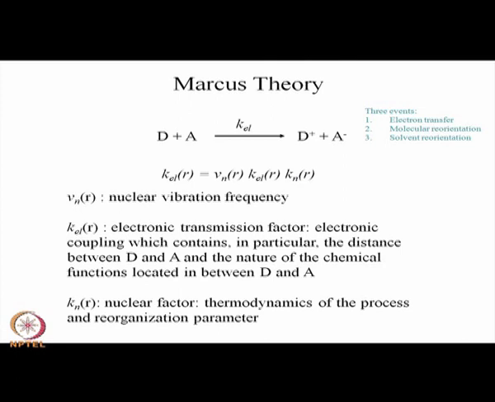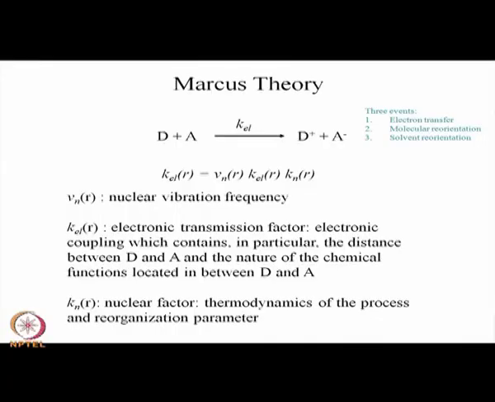Now, for this electron transfer rate, several factors are important, like the classical Arrhenius expression, that has some constant times exponential to the power of some energy factor. So, it also has that kind of expression, and the rate of electron transfer is related to three factors.